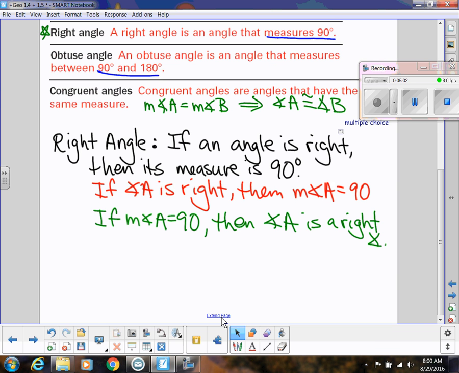Okay, so both ways, write that on your card. Sometimes if it helps you, you can draw a diagram. So do what you need to do on top of that, but I definitely need you to put the if-then statements in on your card.